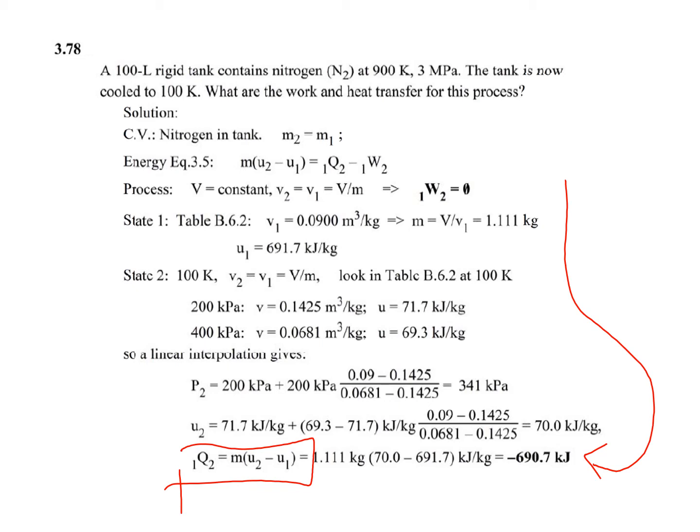When we compare the initial volume V1 and the final temperature, we get to know the temperature, then we have to interpolate for the pressure. That's the only difference between this and previous questions.